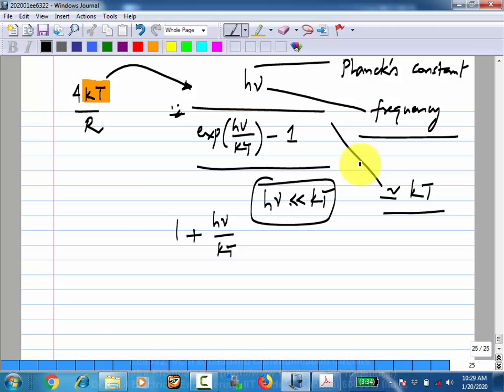Do you remember the value of Planck's constant? Yeah, some 6.6 times 10 to the minus 34. And you can assume room temperature.